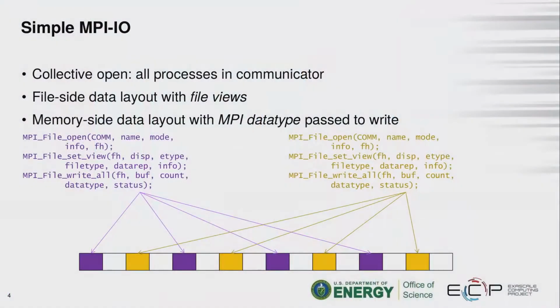So in this case, the view for the purple process would be to say block 0, 4, 8, 12. You could just describe that with a list of some kind of index type. And then the orange process would describe a separate list of I/O regions to write to, the 3rd, the 7th, the 9th, and so on.